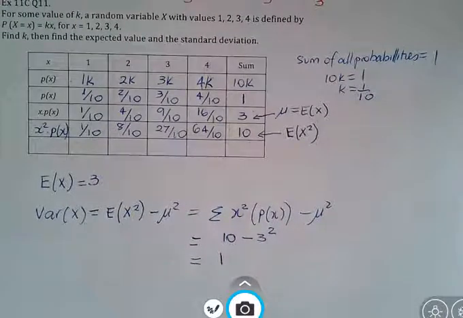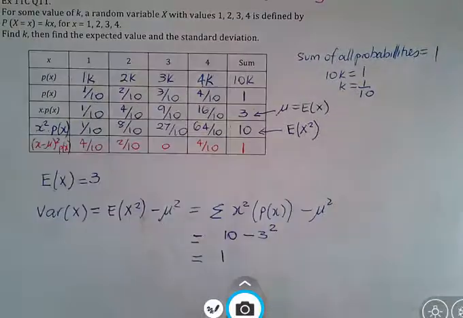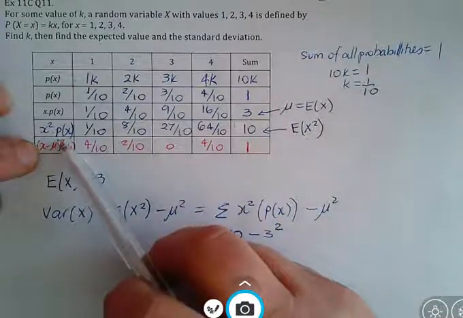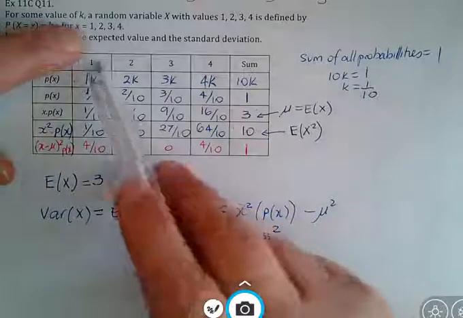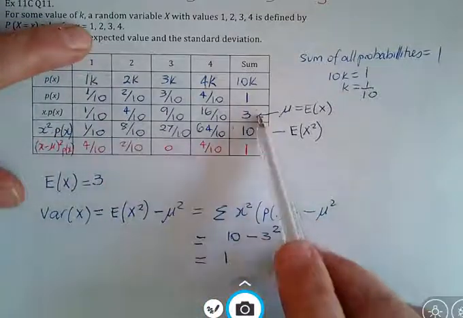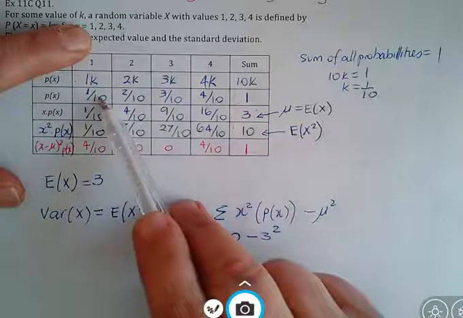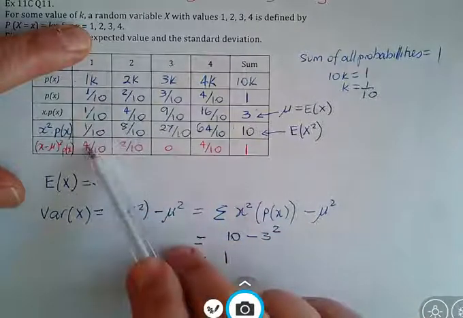Now you could have worked it out the other way with x minus mu squared times the probability of x, and you should get the same answer. Alternative method, now I've done this in one line. I've done x minus mu squared and times it by the probability of x. So just here, for example, 1 minus 3 is -2, squared is 4, times 1/10 is 4/10.